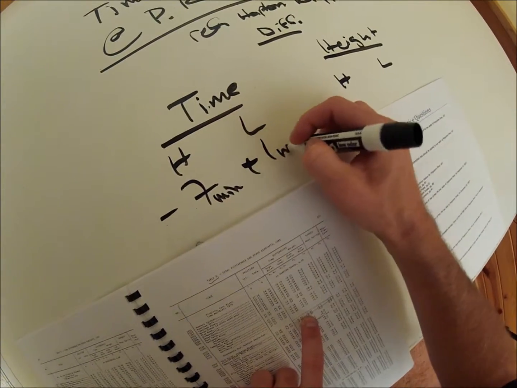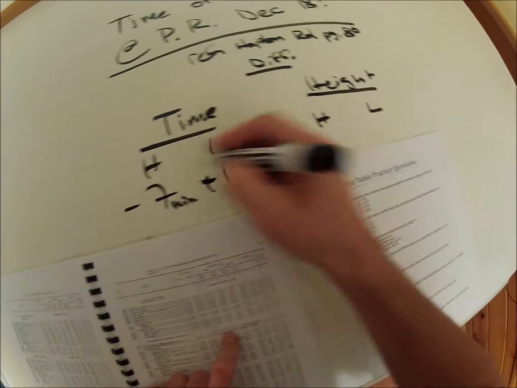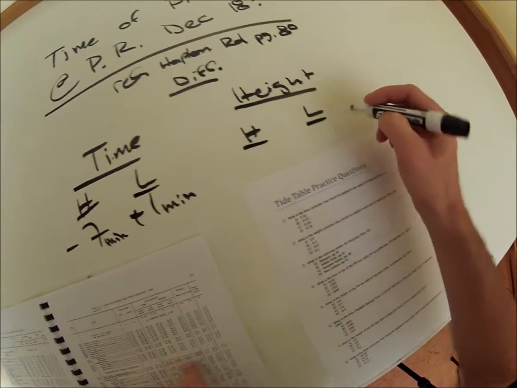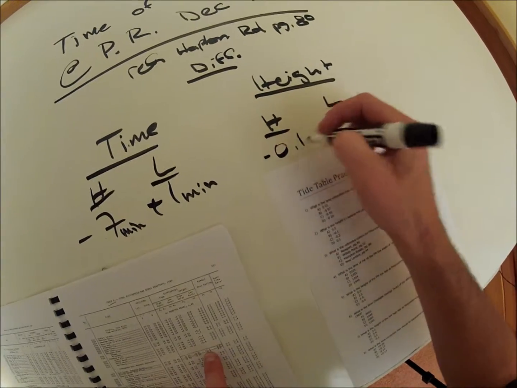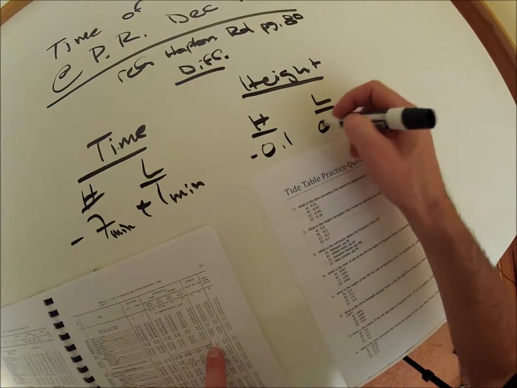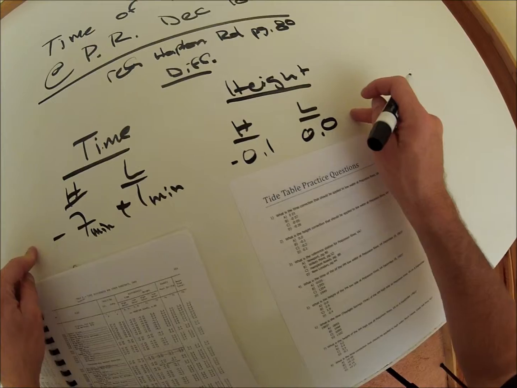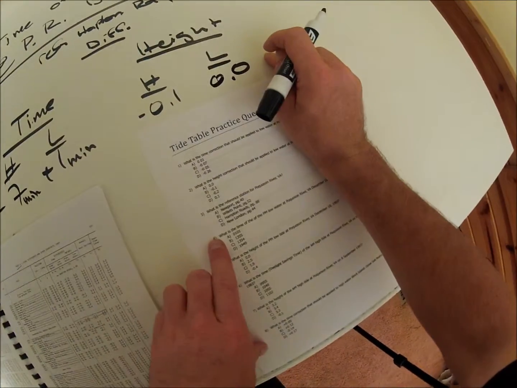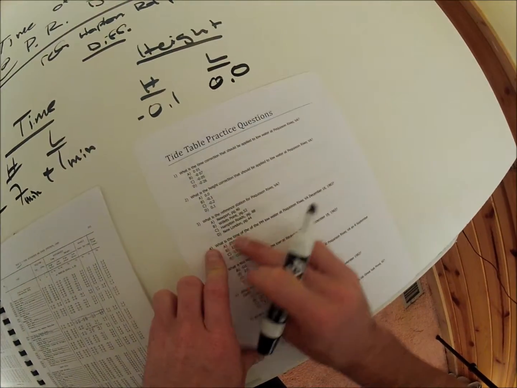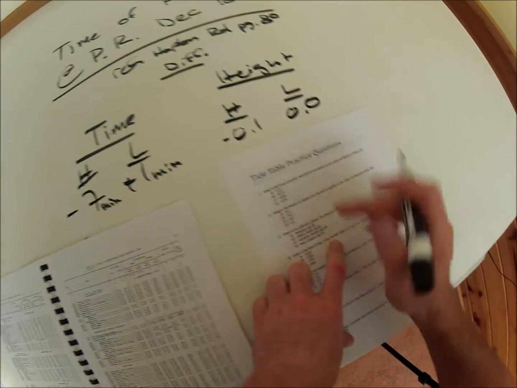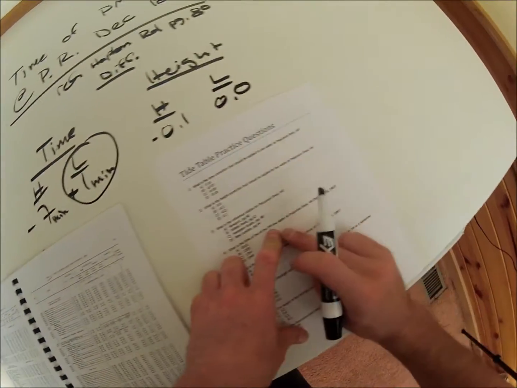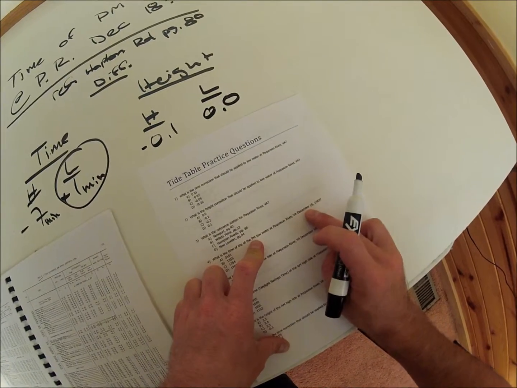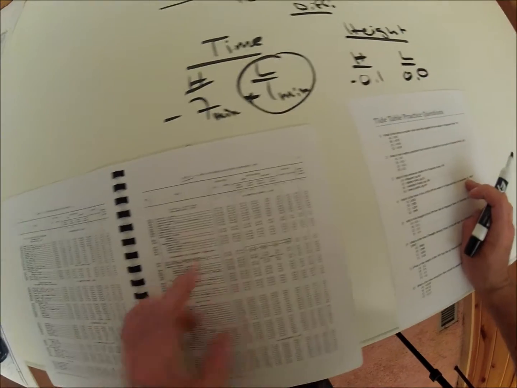Let's label these. And the height differences: high is minus 0.1 and the low is 0.0. So here are our differences. Now we need to know the time of the PM low water at Pequosen River, December 18th. So we need to go to the reference station, Hampton Roads on page 88.